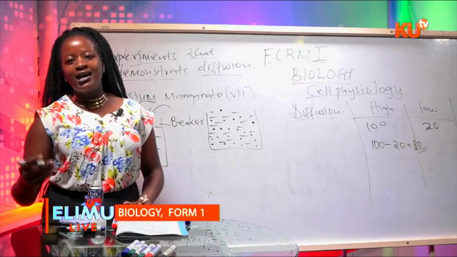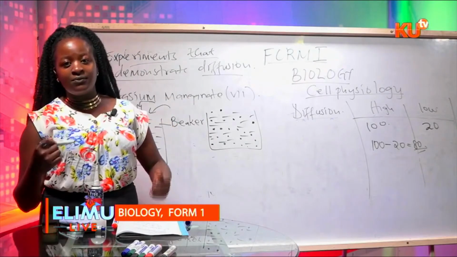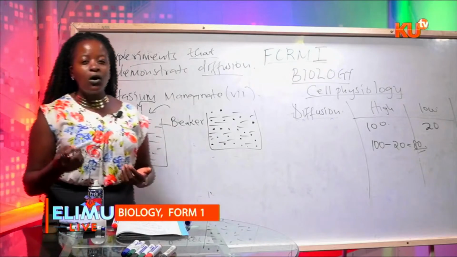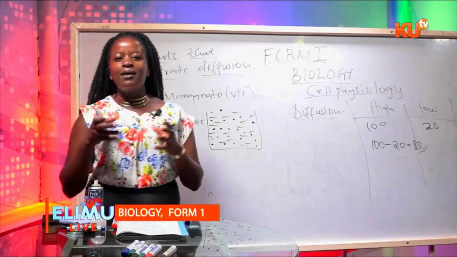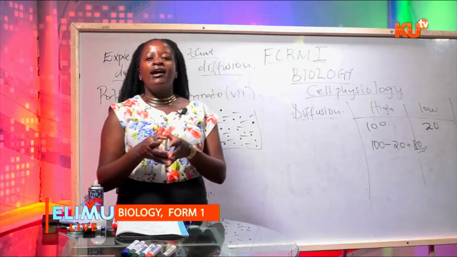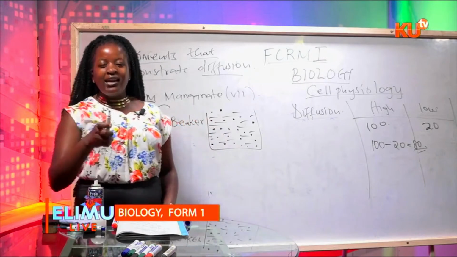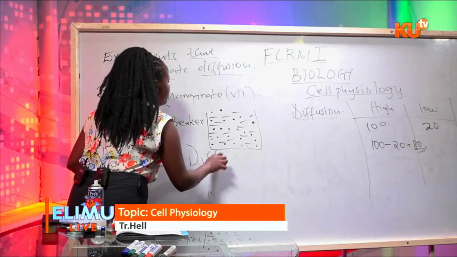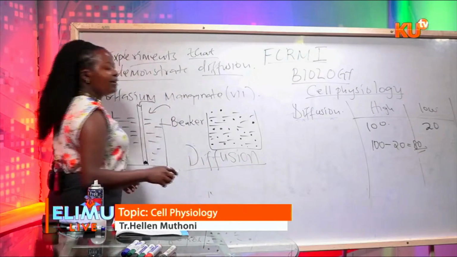The explanation for this observation is the water turned purple because the particles that make up potassium manganate 7 broke away from the crystal and spread throughout the water, and they spread through the process of diffusion. What made these particles spread is the process of diffusion.